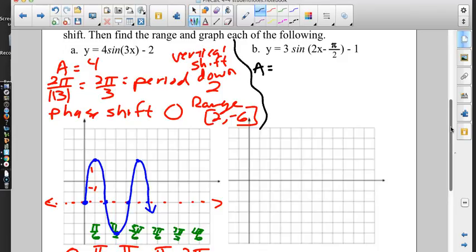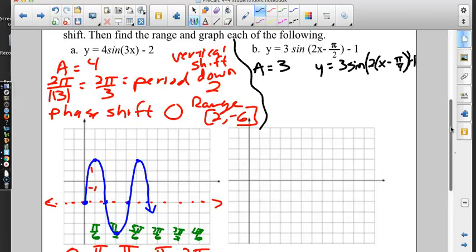Start at the beginning. What's A? 3. Can't get the period without factoring this, so go ahead and factor it. So you pull the 2 out.